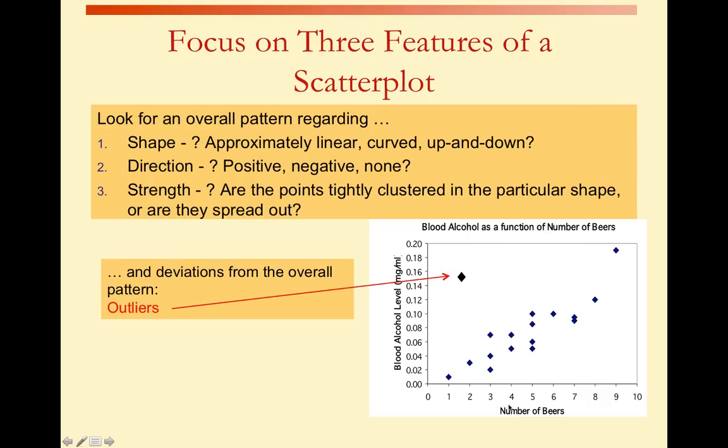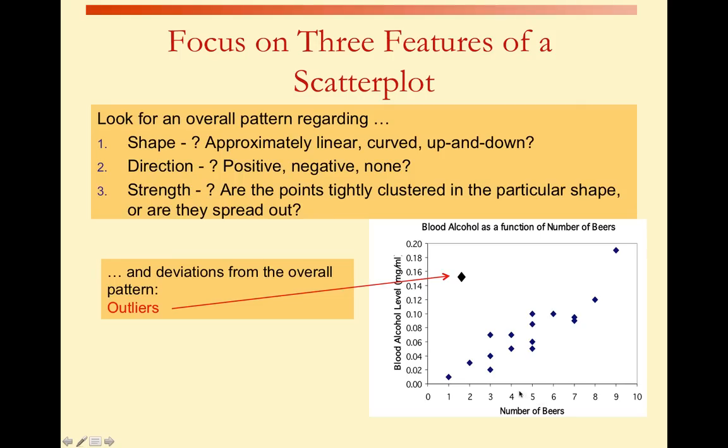So we'd have two variables, the number of beers perhaps that you've consumed, and the blood alcohol level that results from consuming those beers. Clearly this is bivariate data because obviously as long as your beer contains alcohol, then the blood alcohol level will vary with the number of beers that you consume.